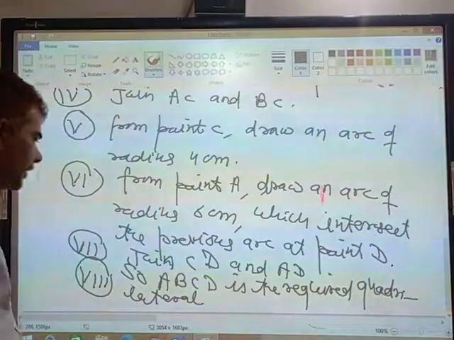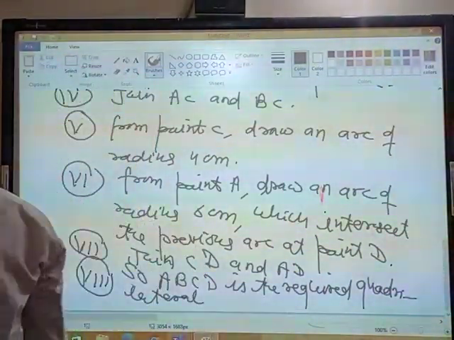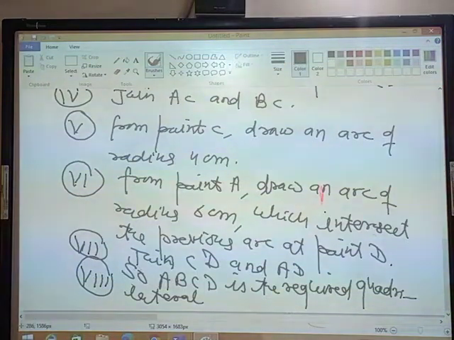So ABCD is the required quadrilateral. Have you any doubt, any problems? No, sir. Thank you.